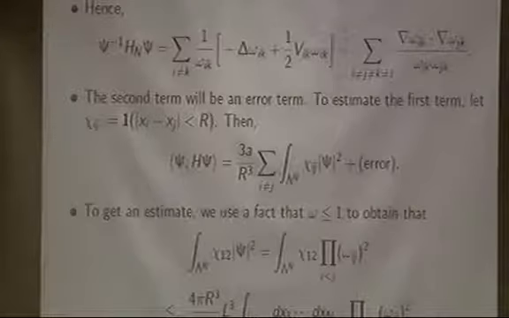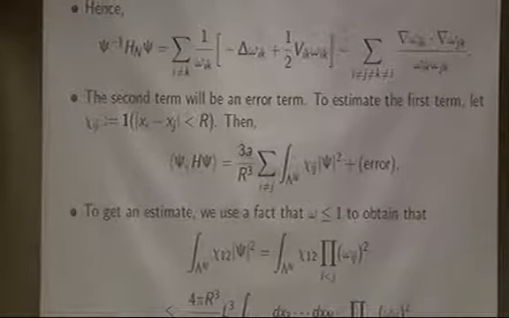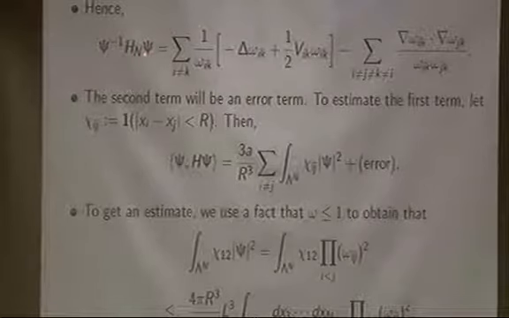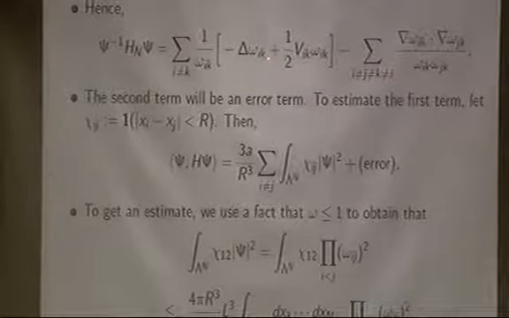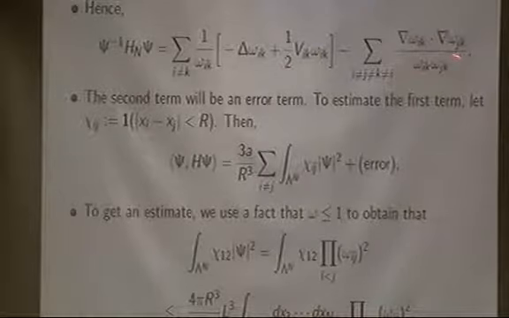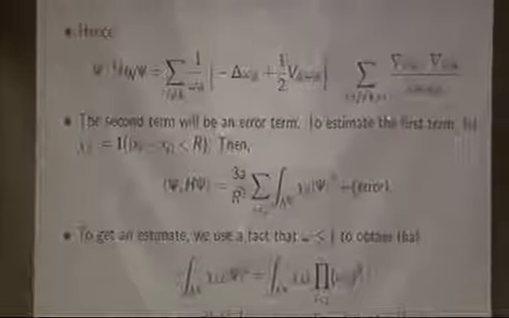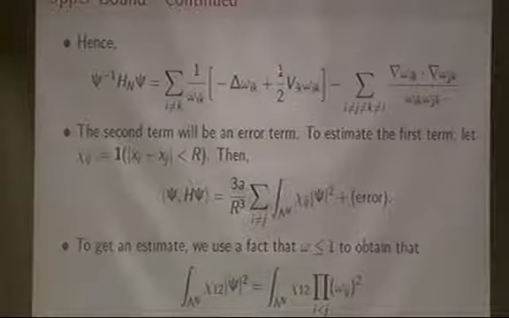That means if you have this total Hamiltonian, H sub n, it will generate these terms from the Laplacian calculation, plus this 1/2 v.